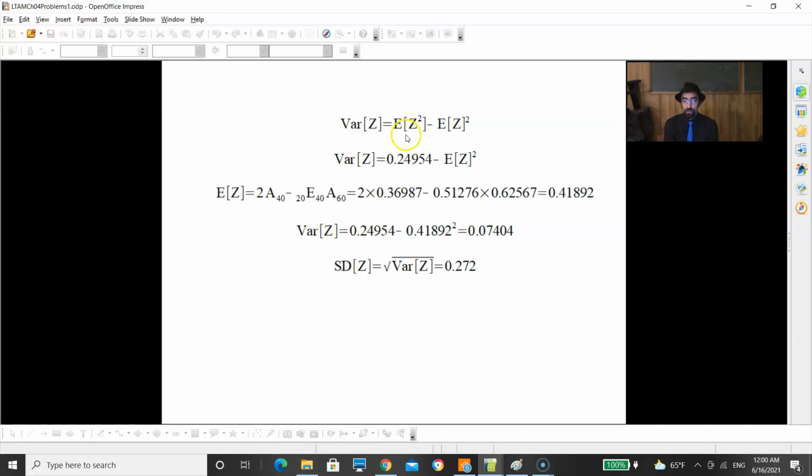Variance is mean of the square, which they gave you, minus square of the mean, which you calculated. You get the variance. Standard deviation is square root of variance. And you get one of the answer choices. So again, notice that it's Frankinsurance, and use the fact that variance is mean of the square minus square of the mean.